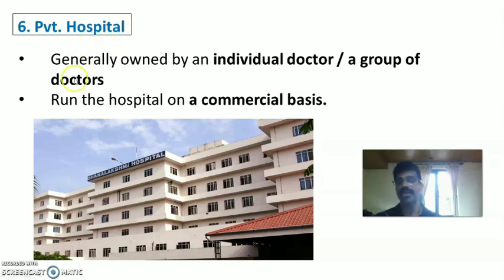This hospital mainly runs on a commercial basis or business purpose. Okay. And it may be mainly focused on curative services. So the private hospital is run on a commercial, profitable basis. So these are the main six categories of hospital which come under management, ownership or control.